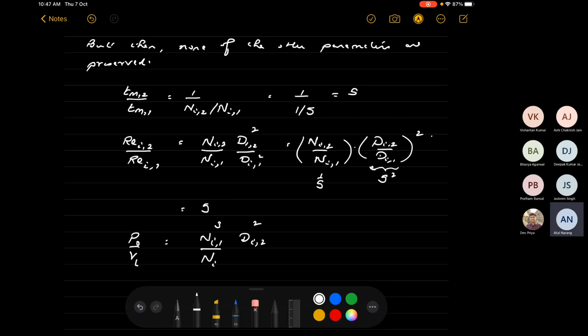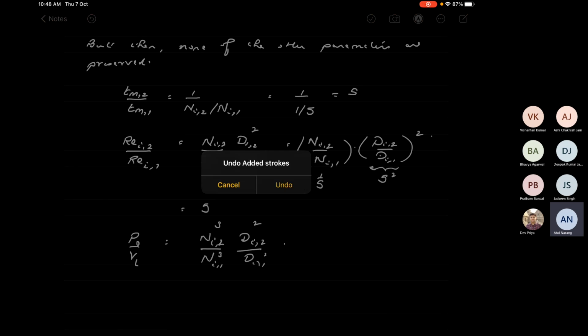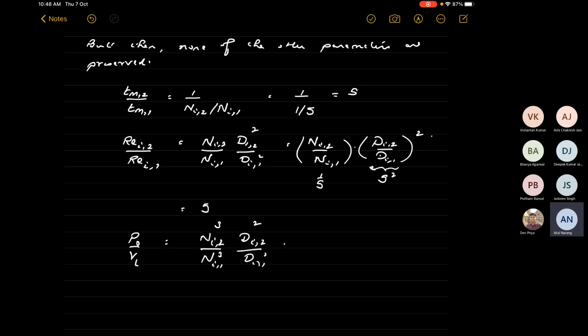So repeat the same argument. This is Ni2 over Ni1 cubed, Di2 over Di1 squared. It turns out that this will decrease fivefold if you go through this argument.